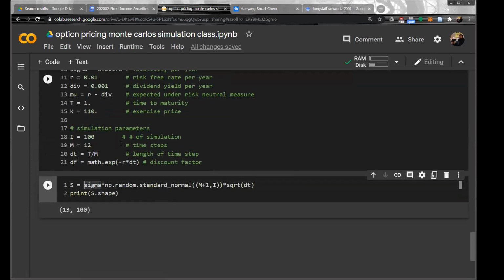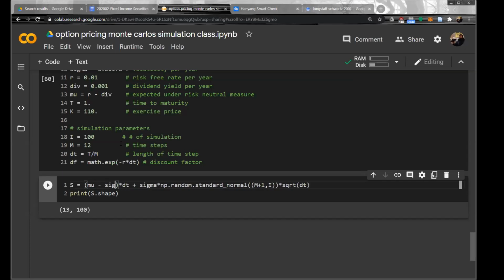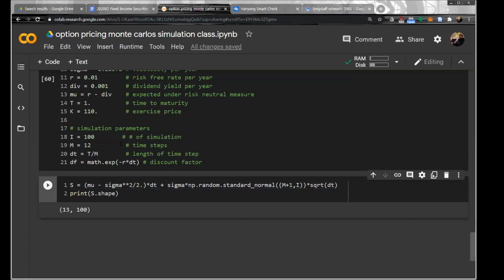So here I have to add mu multiplied by dt. But of course, not only mu, I have to subtract sigma squared divided by 2.